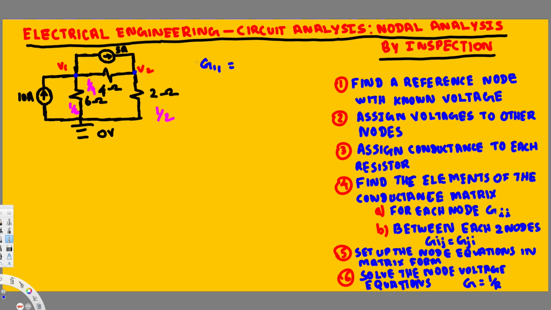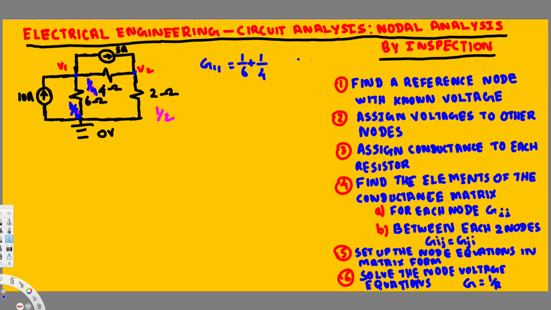We look at the branches connected with conductance: one branch here and one branch here. This conductance is 1 over 6, so we put 1 over 6 here, plus the other branch connected to V1, which is 1 over 4. We add them together.